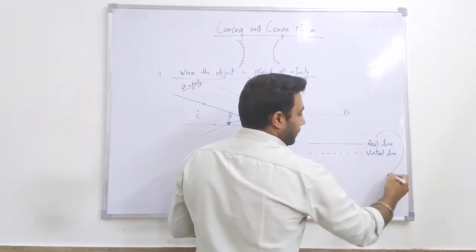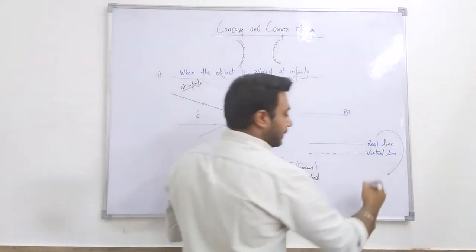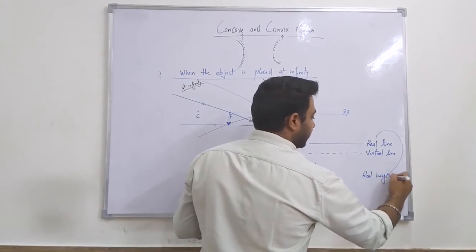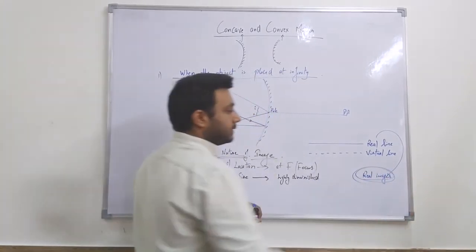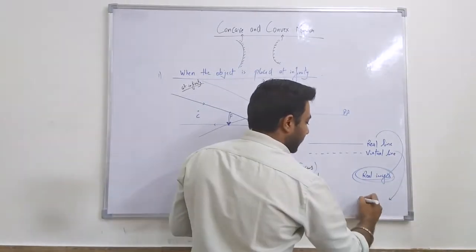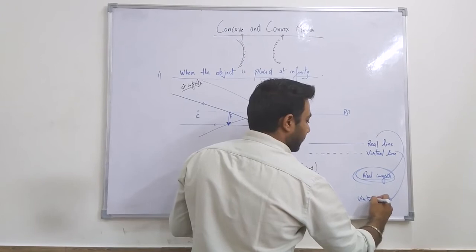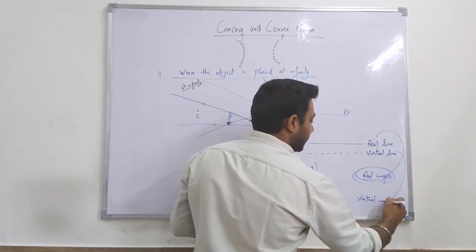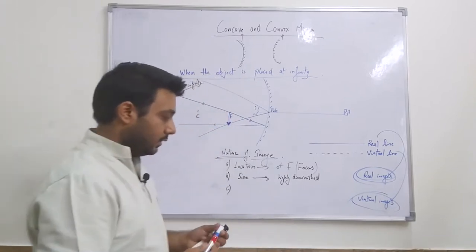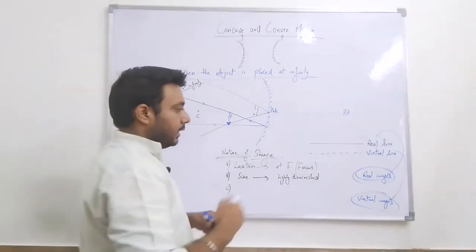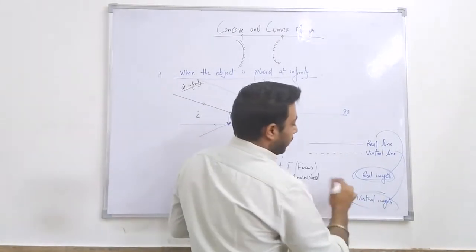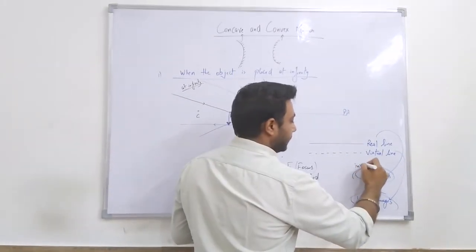Okay. Now, image formed by real lines are real images. But image formed by virtual lines are virtual images.